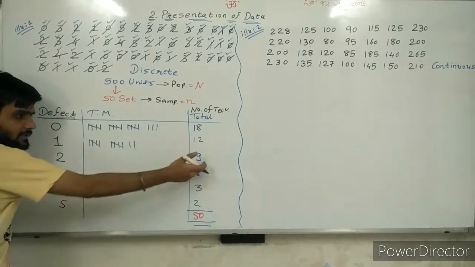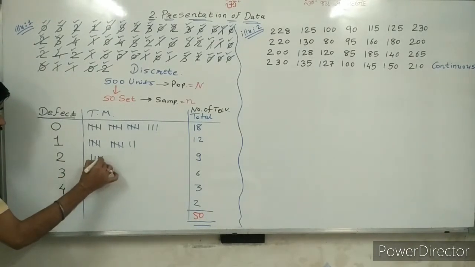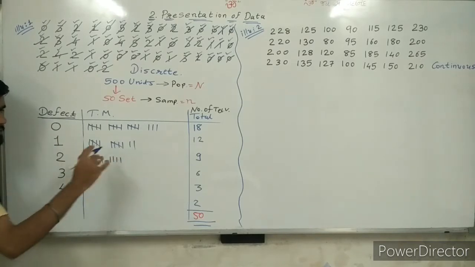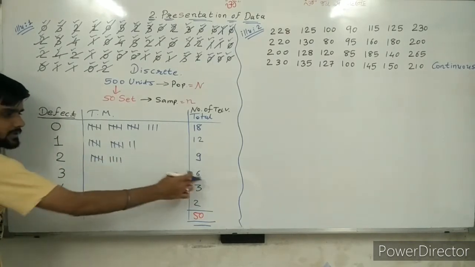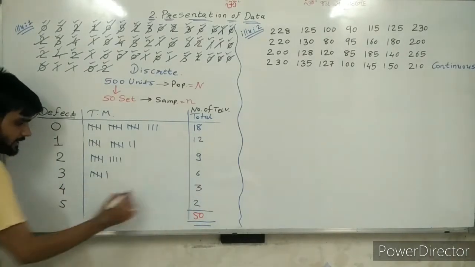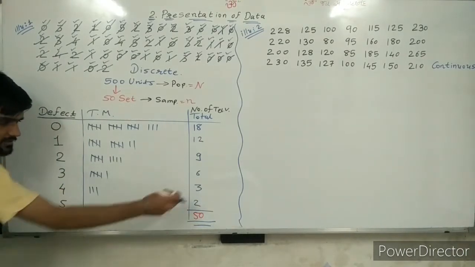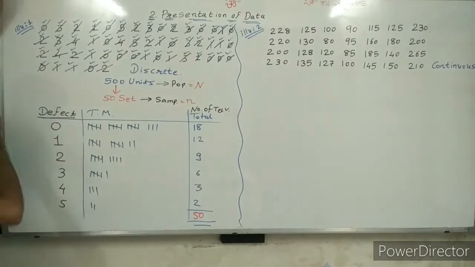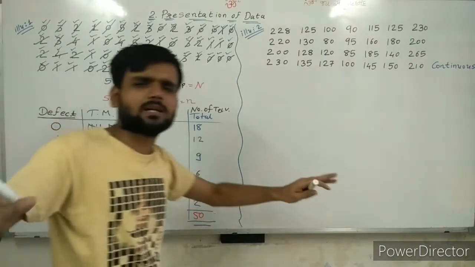Completed. 9: 1, 2, 3, 4, 5, 6, 7, 8, 9. 6: 1, 2, 3, 4, 5, 6. 3: make 3 tally marks. 2: 2 tally marks. Sum complete. 100% clear.